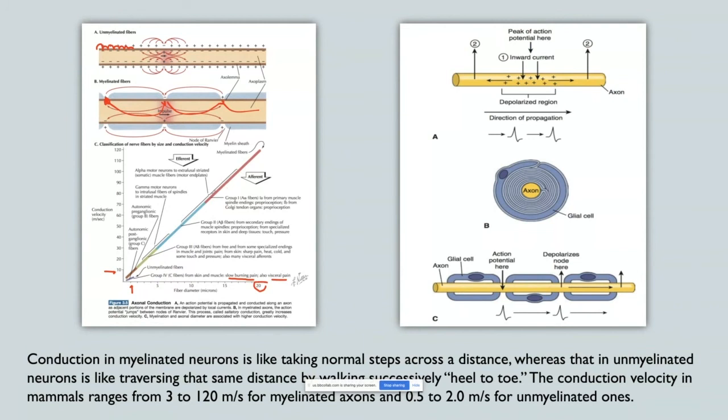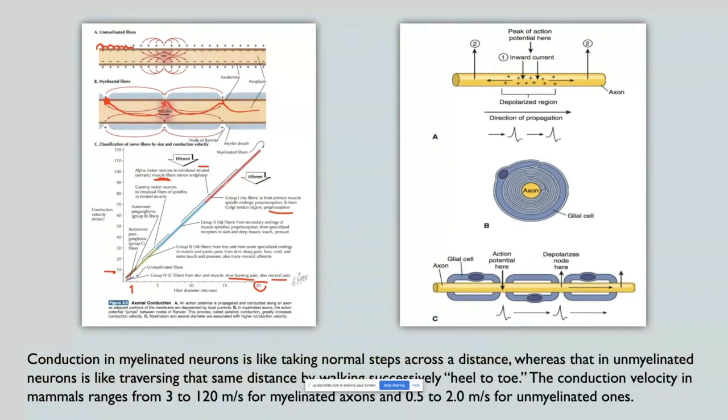What are the ones that transmit the faster stimuli? We have, for example, the ones that transmit proprioception, which is the position of our limbs, the position of our joints, the degree of stretching of the tendons and ligaments. And the fibers that transmit to skeletal muscle fibers, striated muscle fibers.